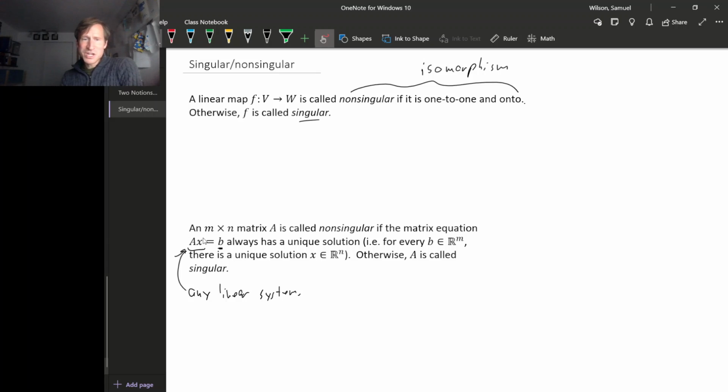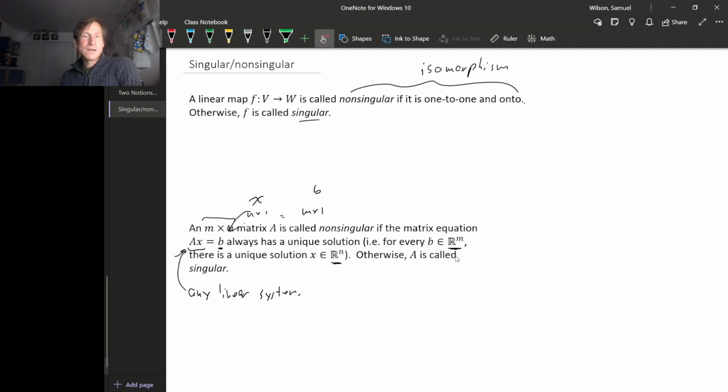Notice that for this equation even to make sense, if A is m by n, then x had better be n by 1. So x is actually in Rn. And the product sort of uses up the adjacent things, and the result is that b had better be m by 1, and so b is in Rm.